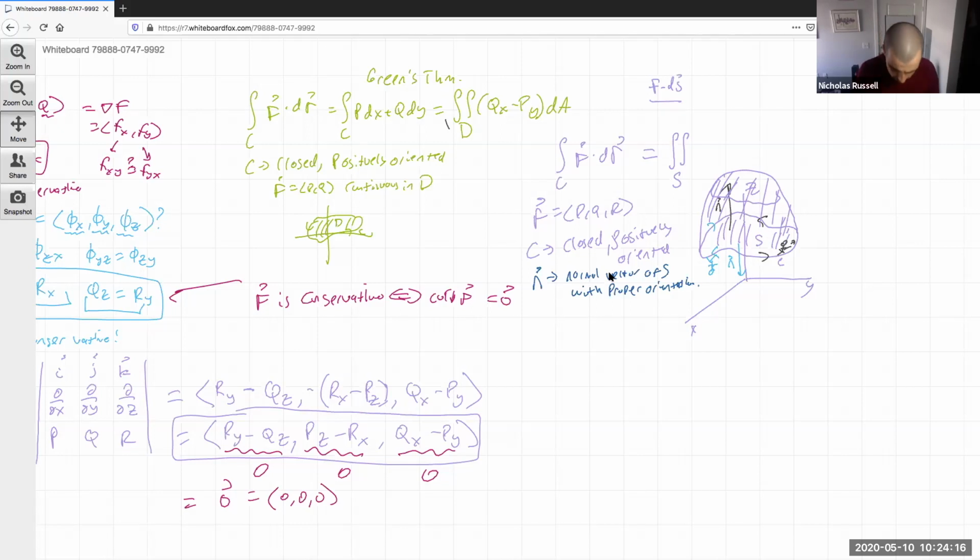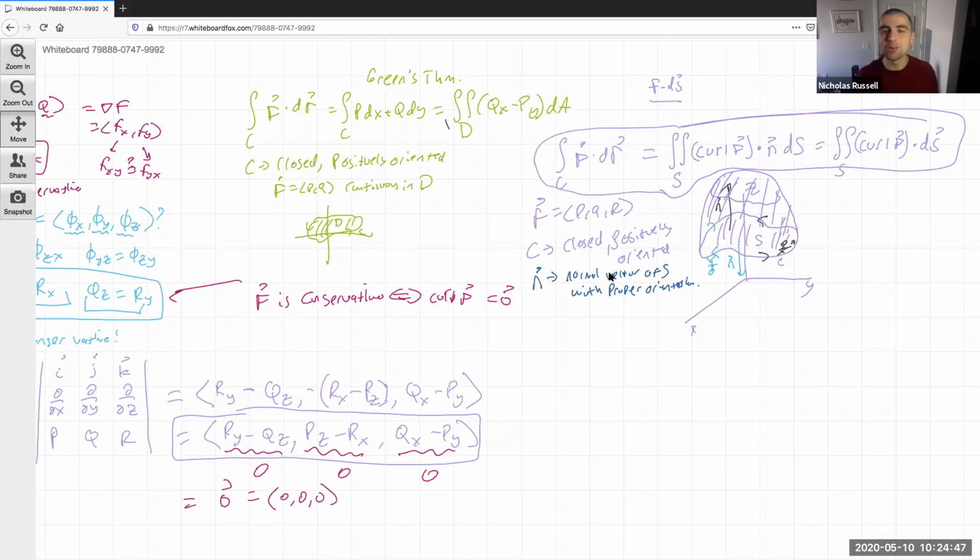What we'll say here is this is actually the curl of F dotted with that normal vector dS, which again can be written in a more succinct form as this. And this right here is Stokes' theorem.